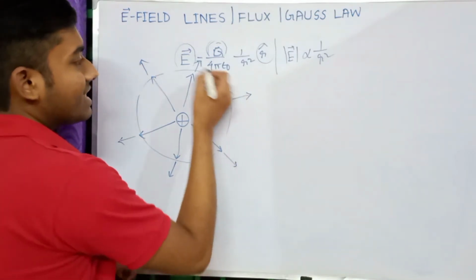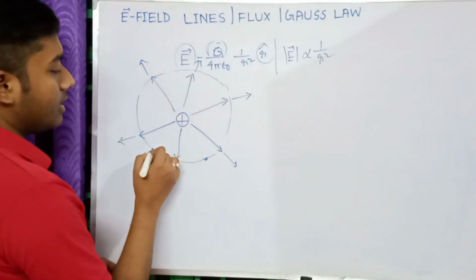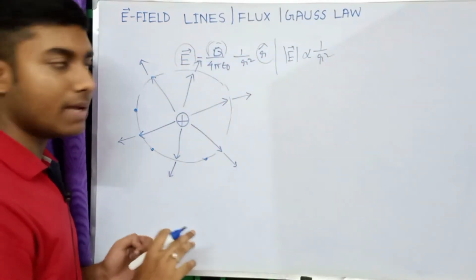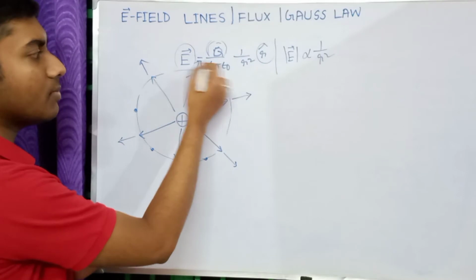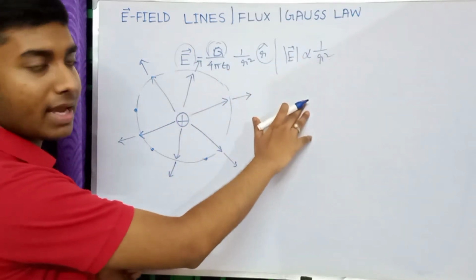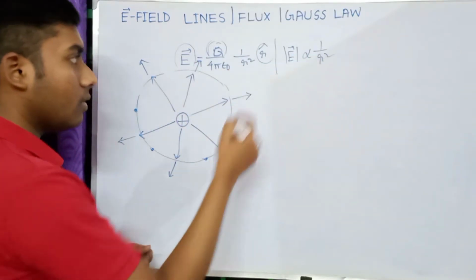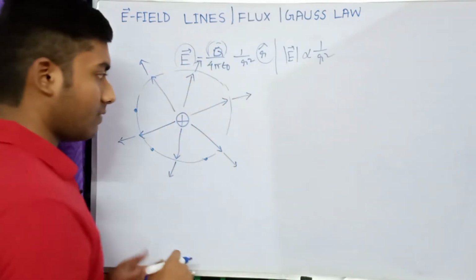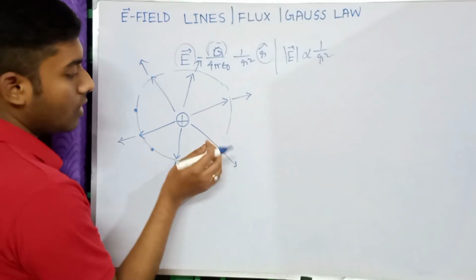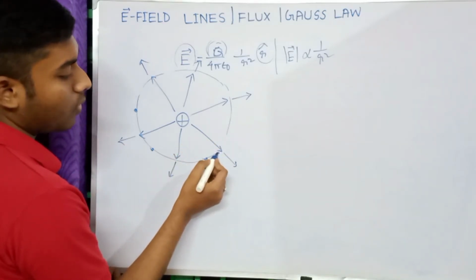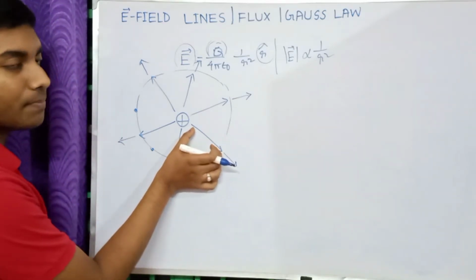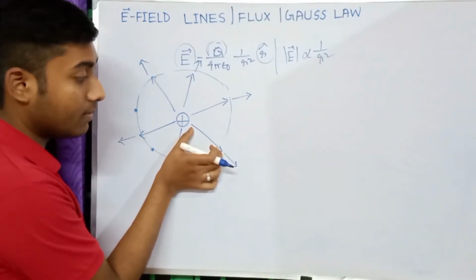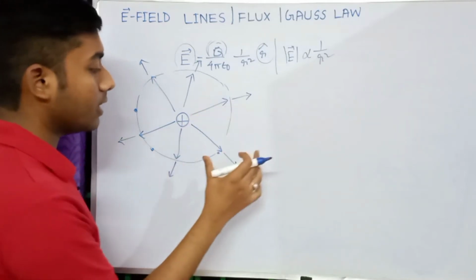At each and every point on this sphere the electric field intensity will be the same, because r is the same and E is directly proportional to 1 by r square, and as r is fixed, E is also constant for all the points on the surface. From this point, the electric field line is like this, represented with this vector.